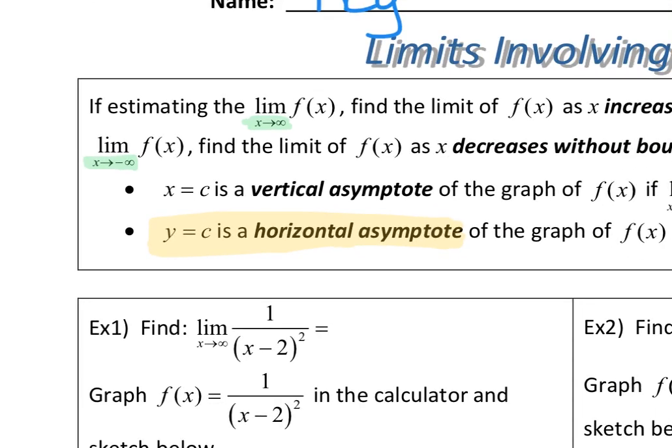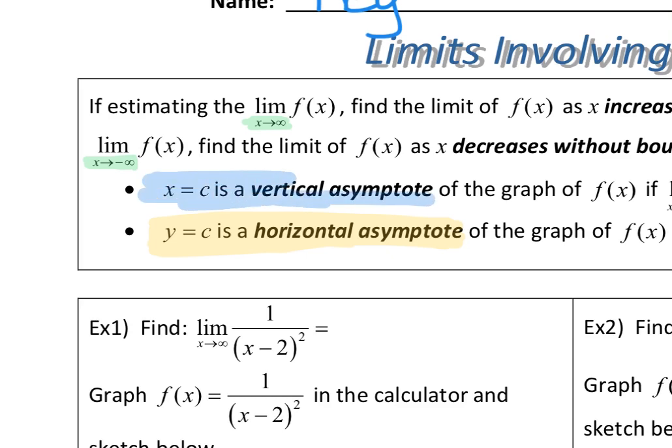If I give you a limit problem where x goes to a number, say x goes to 5 or x goes to negative 5, and it's not infinity or negative infinity, but your answer for the limit is infinity, then that indicates that you have a vertical asymptote.